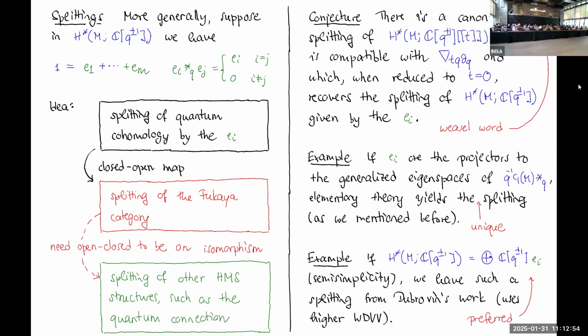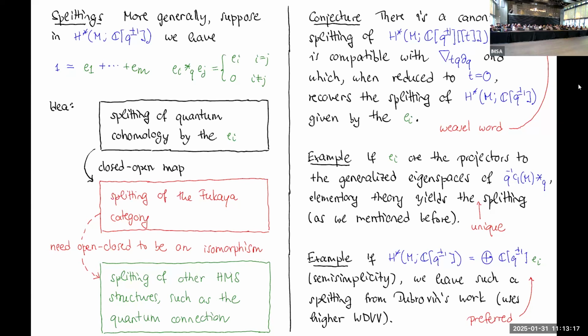Any other structure accessible to homological mirror symmetry should then split correspondingly, by which I mean anything you can associate with the Fukaya category that has some interpretation, and in particular the quantum connection. So from a splitting of quantum cohomology, you should get a splitting of the quantum connection.